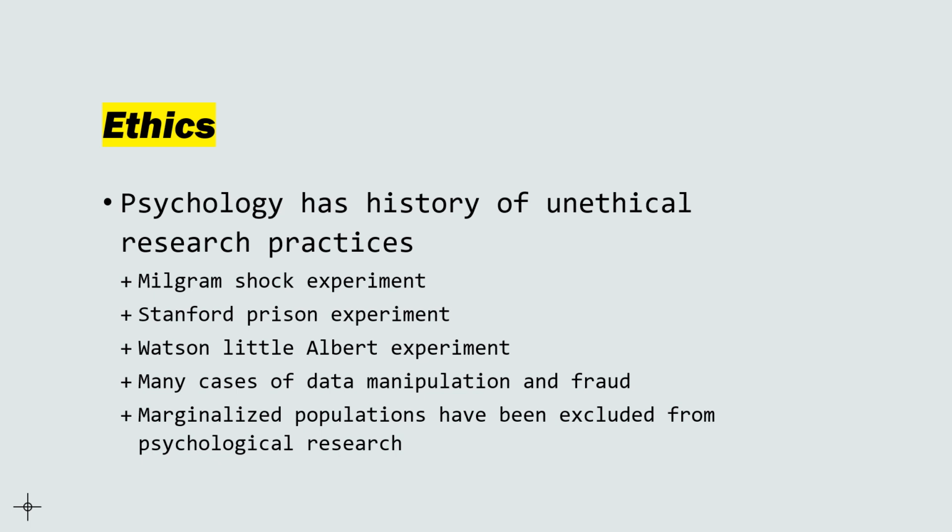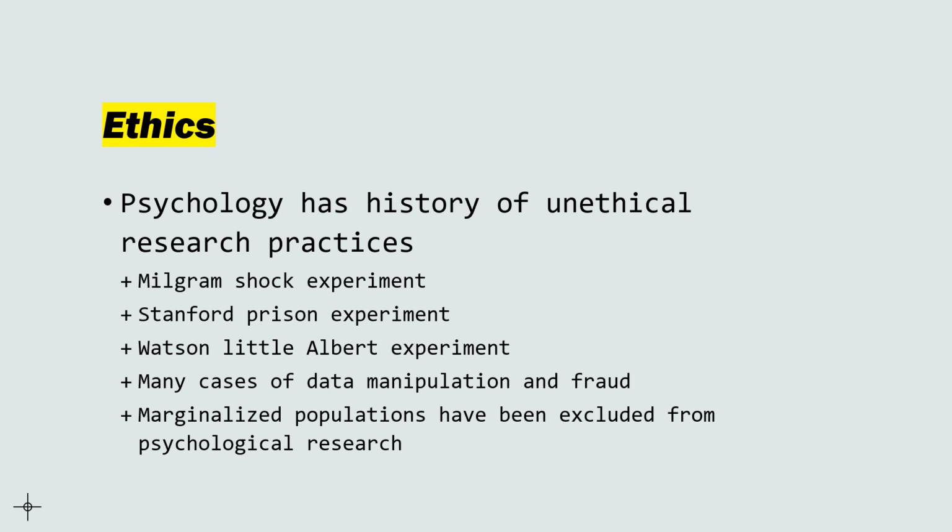The data doesn't quite work out the way they expected. They'll just go in and change the data, just change their results to fit whatever their hypothesis was so that they can get it published. In the most extreme cases, they don't even do the study or collect the data. They just make it up fully from scratch and then get that published in a journal so that they can get their promotions and things like that.